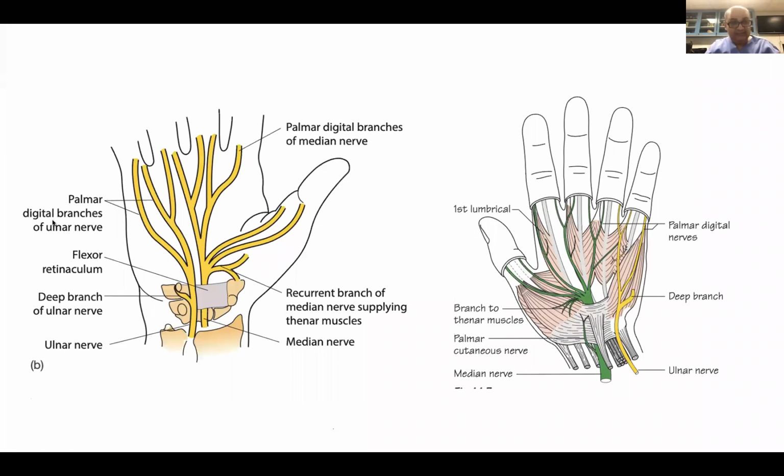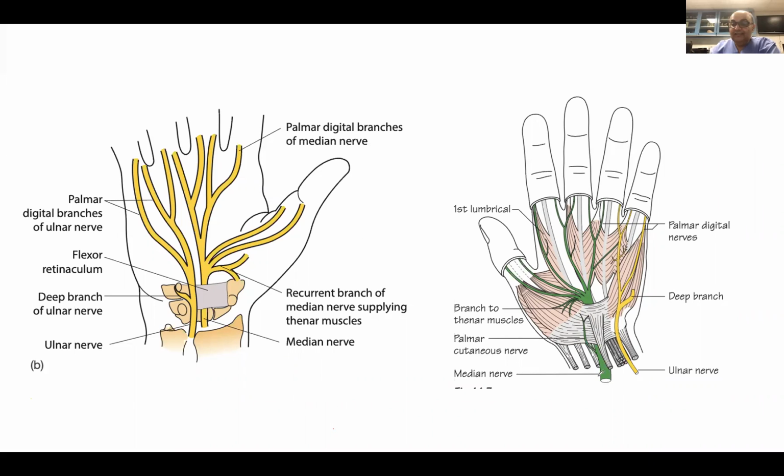Now, guys, this is something which you need to understand. Please stay focused now. What I'm trying to show you here, let me remove this. Now, look here. This is an image of the hand, and you're looking at two nerves, the ulnar nerve and the median nerve. We learned that the median nerve passes through the carpal tunnel, and this is my flexor retinaculum.